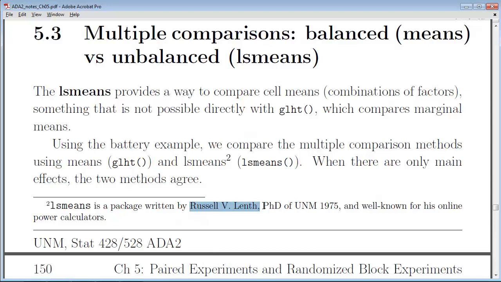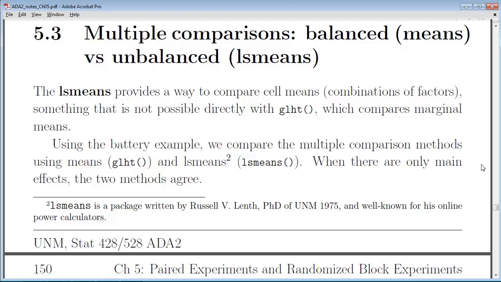That was written by Russell Lenth. He got his PhD here at UNM about 40 years ago. And he's very well known for his online power calculators. He's done quite a bit with response surface methodology, and a really generous guy too. He's contributed to the graduate program monetarily here at UNM.